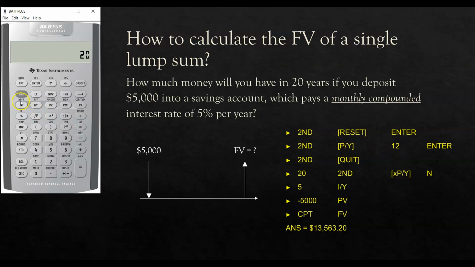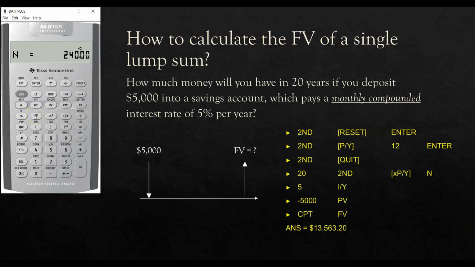Notice that here there is what I call the multiply P/Y key, right? So I entered 20 already. I want to take 20 times P/Y. So to access that, I put in 20, then I do second P/Y. On your screen, you should see 240. This is how many months you have, right? You've got 20 years, 20 times 12, that's 240 months, right? And then I enter that as my N.